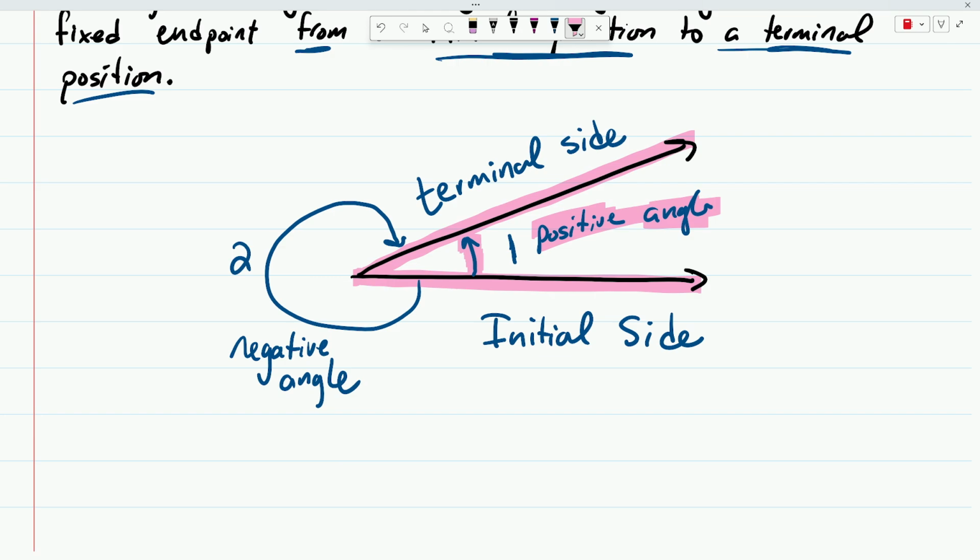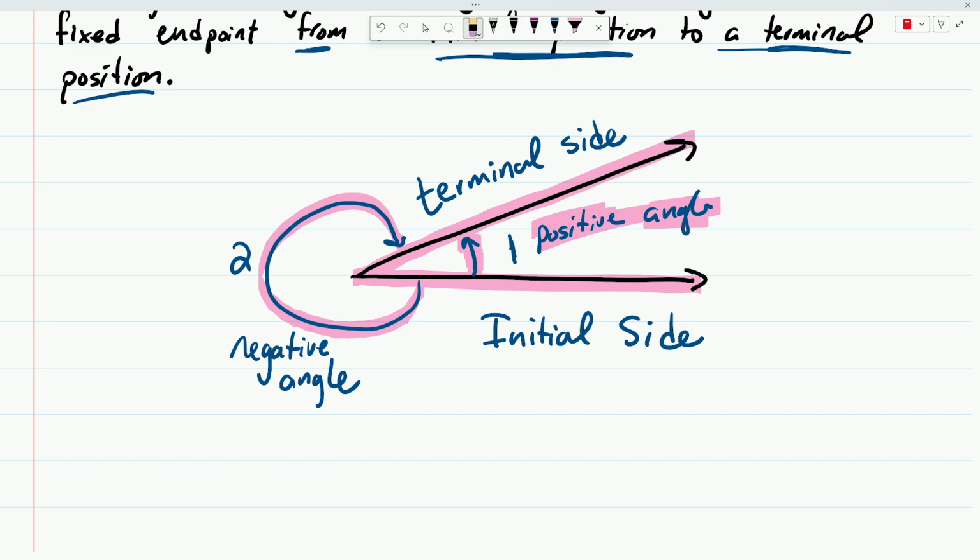However, if we go the reverse, so if we go from the initial side to the terminal side, but we go in the opposite direction, then this is called a negative angle. Angles 1 and 2, since they both start at the initial and end at the terminal side, but they do it in two different ways, are called coterminal angles.